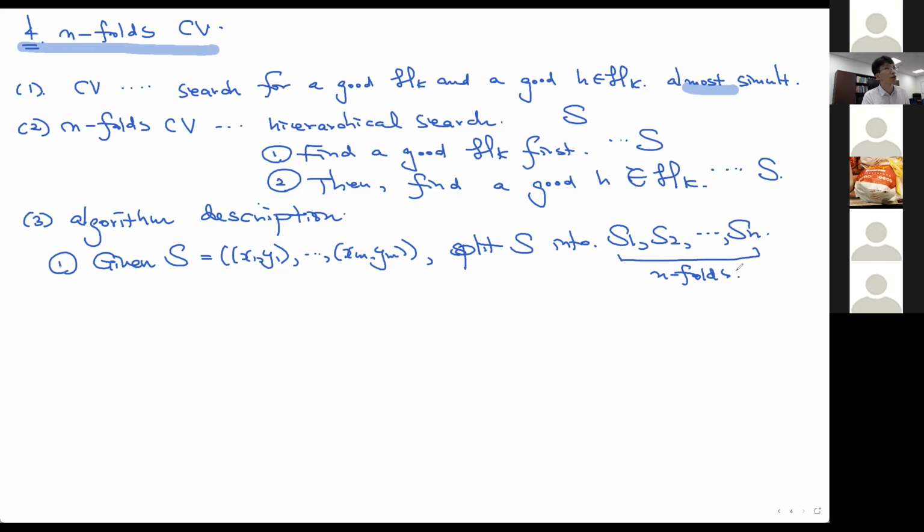We split into the n folds. And then for each hypothesis set, we compute the following quantity. We compute the cross-validation for this following quantity. That's 1 over n. So we repeat as many times as the number of folds.